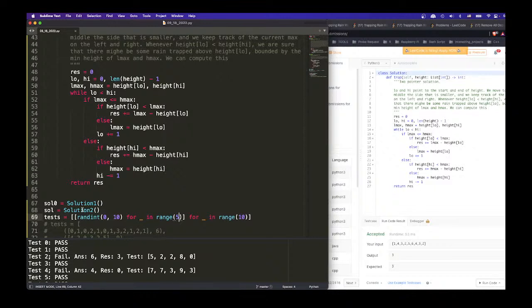So if each time we first check low and high. Okay, so we check low and high. At least I know one side is bigger than the other side. And then on this side we can make it current, and I will compare.